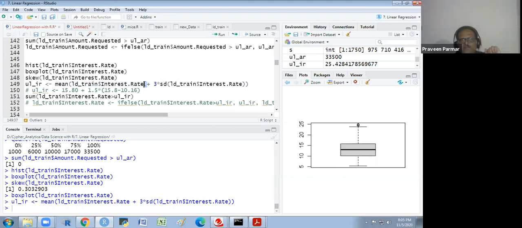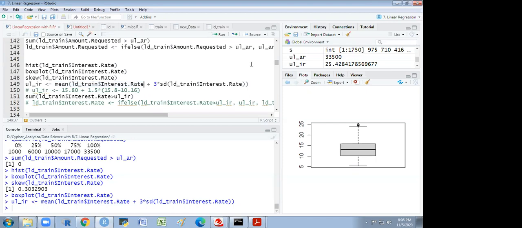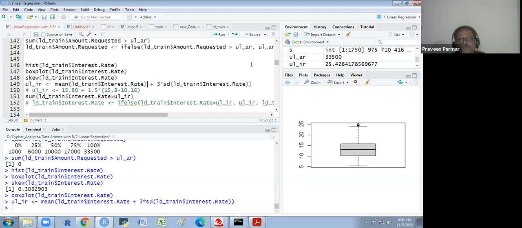Yeah, we have calculated the mean here. Just a moment, you check the code, sir. Yes, I got what you are telling. It's correct now.